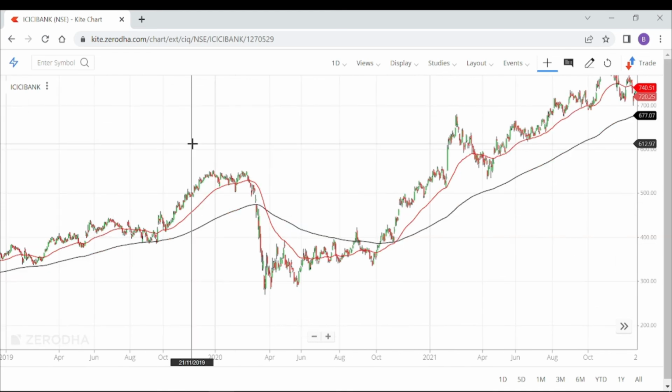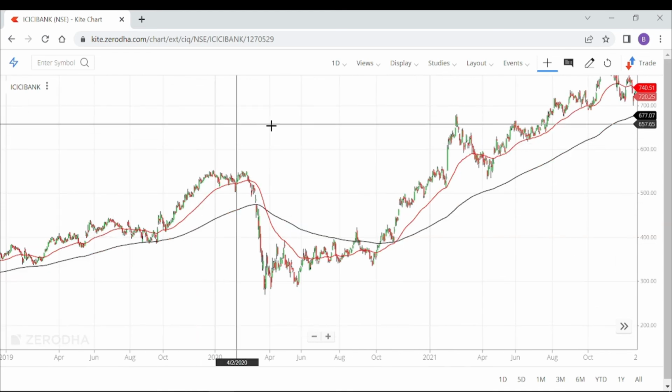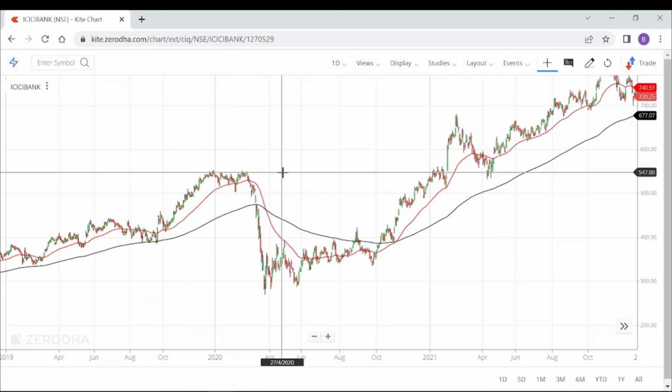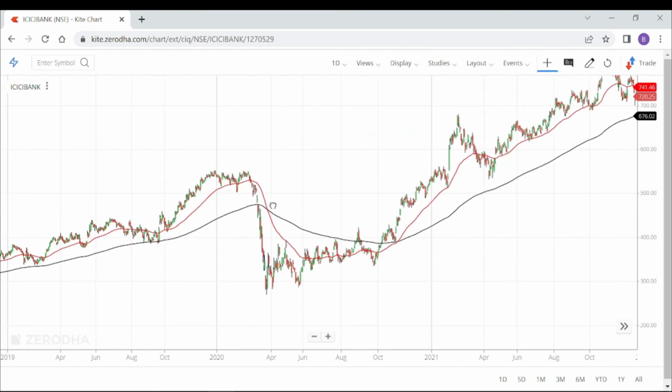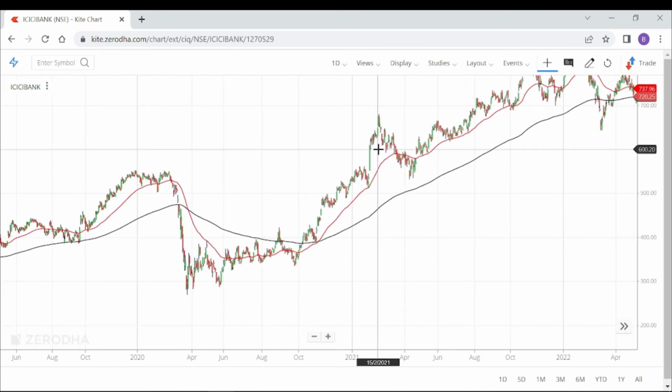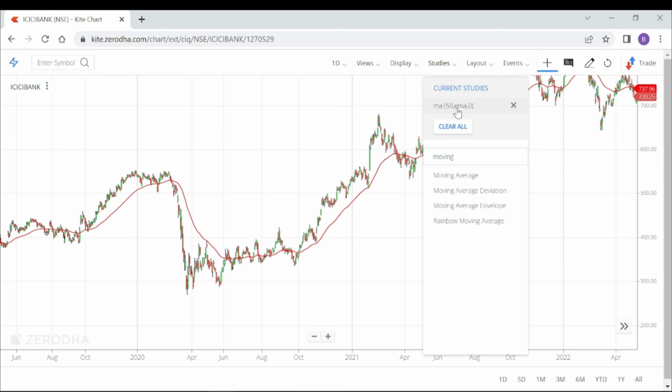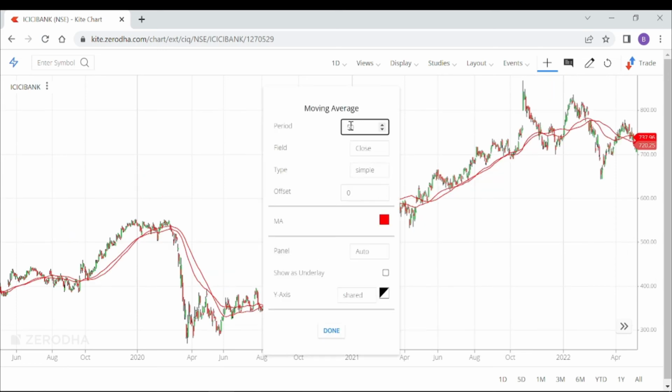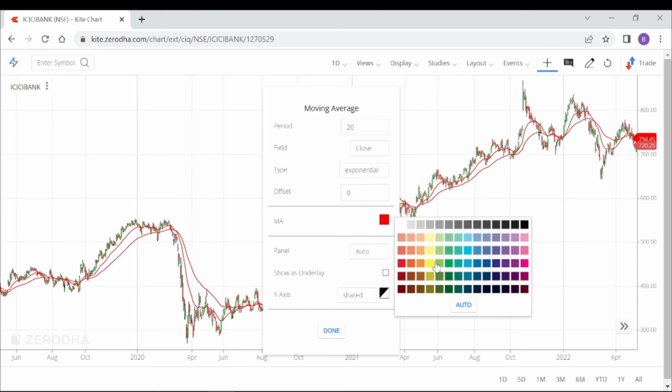The moving average crossover is one of the most famous indicator strategies that many traders and investors use in their trading system. If someone is planning a mid-term investment, less than a year, one can use the 50-day EMA with the 20-day EMA. I'm showing you the exponential moving average because it is more reactive to the actual price movement.